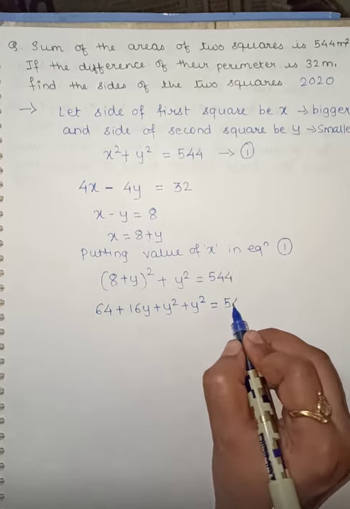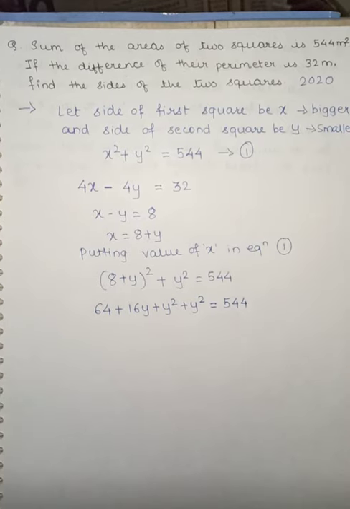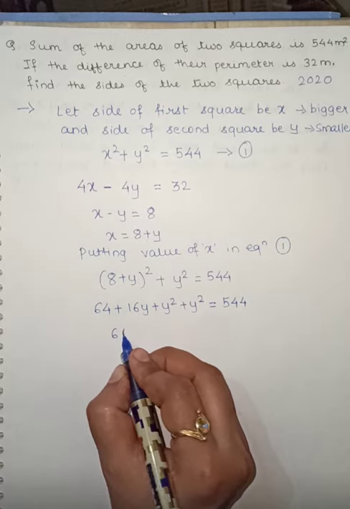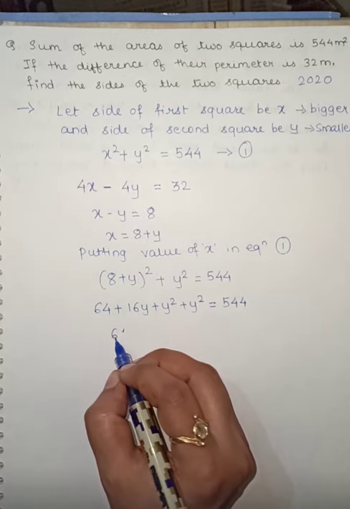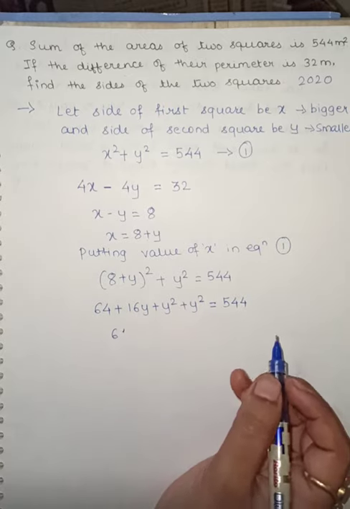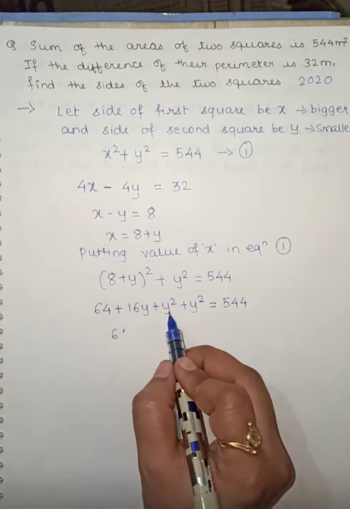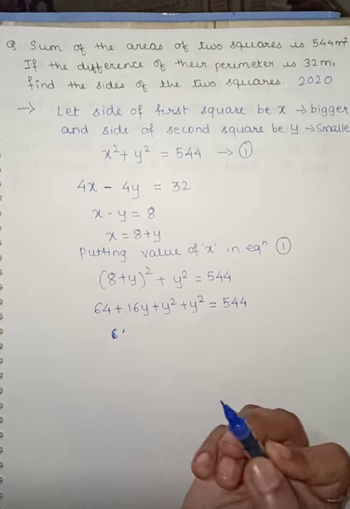Equal to 544. Let us bring this 544 to one side, that will be easier. So y square plus y square, I will write in decreasing order.